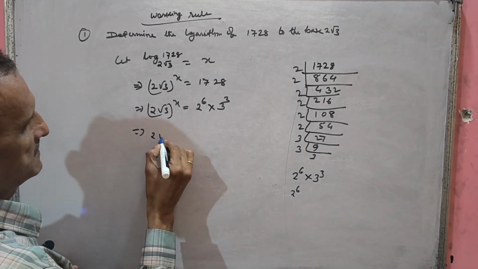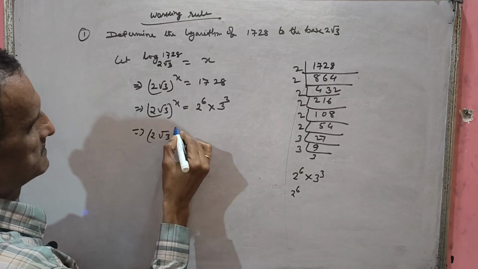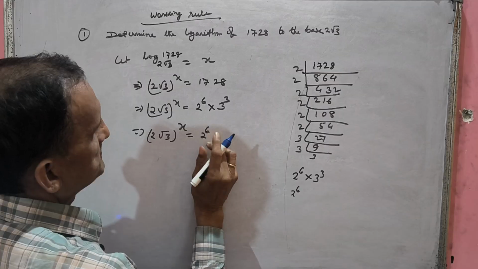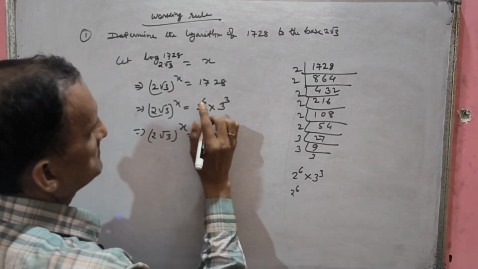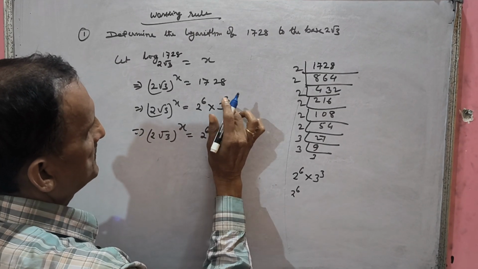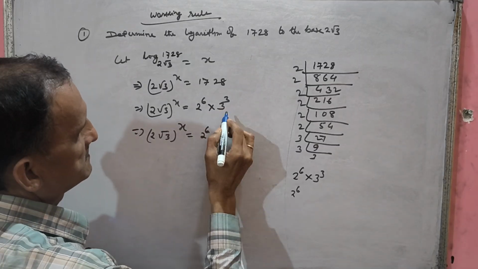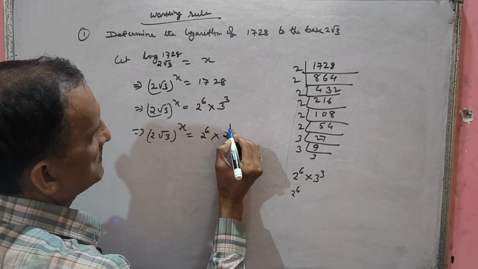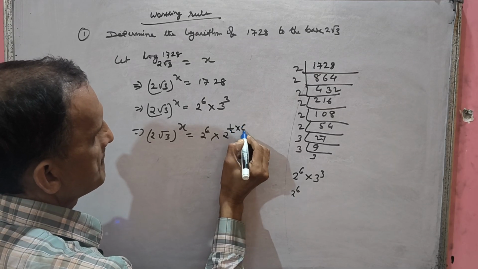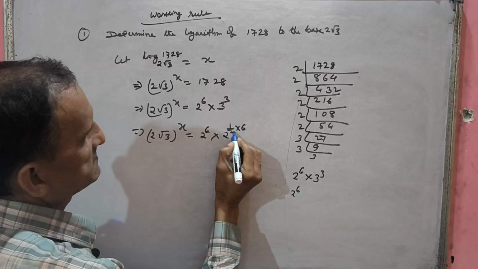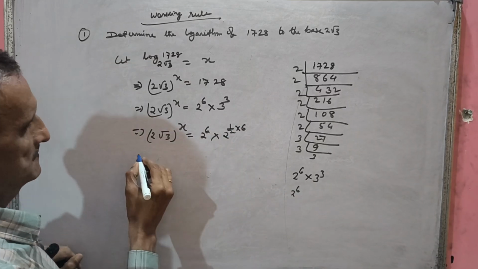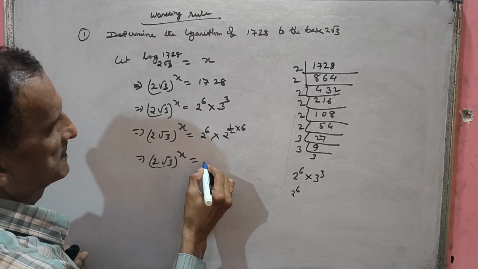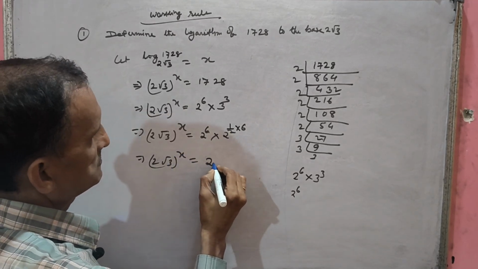Now see here, this is a very important sum but not difficult. This is 2 to the power 6 into 3 to the power 3. Now we need to make the same power on both 2 and 3, but 6 is here, 3 is here. So can you write 3 to the power half into 6? Half into 6 is 3 only, no? 2 to the power 6 into 3 to the power half into 6.